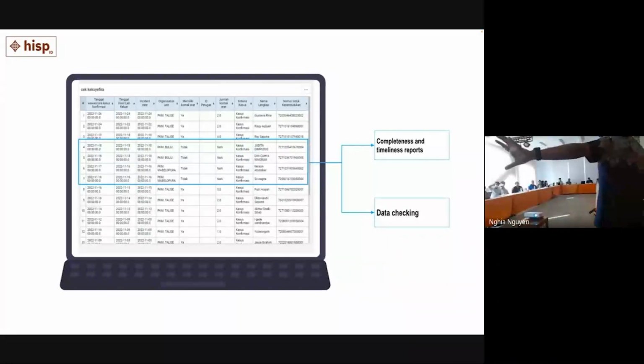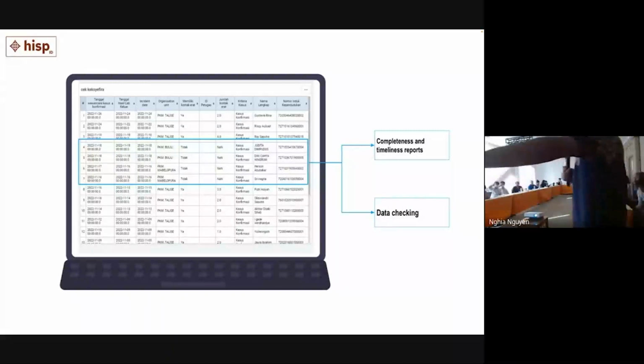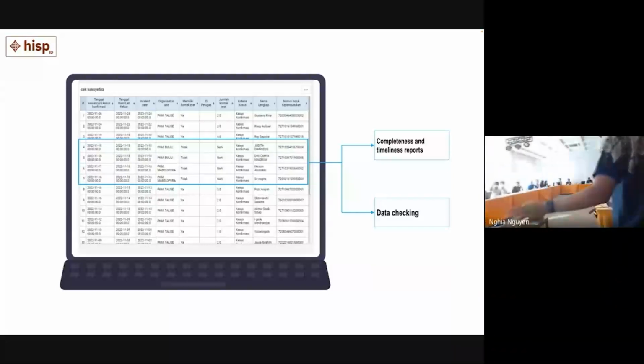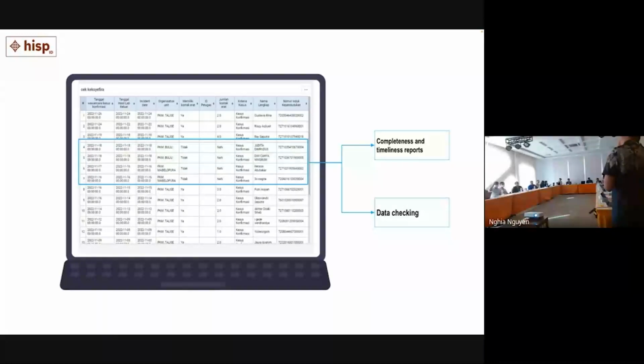So they will be checked. They will be checked based on the date too. We have in here the date they put the data, and then in here how many contact tracing they have. If zero or NA, it means they have not yet put the data. So we do that together in online meeting.